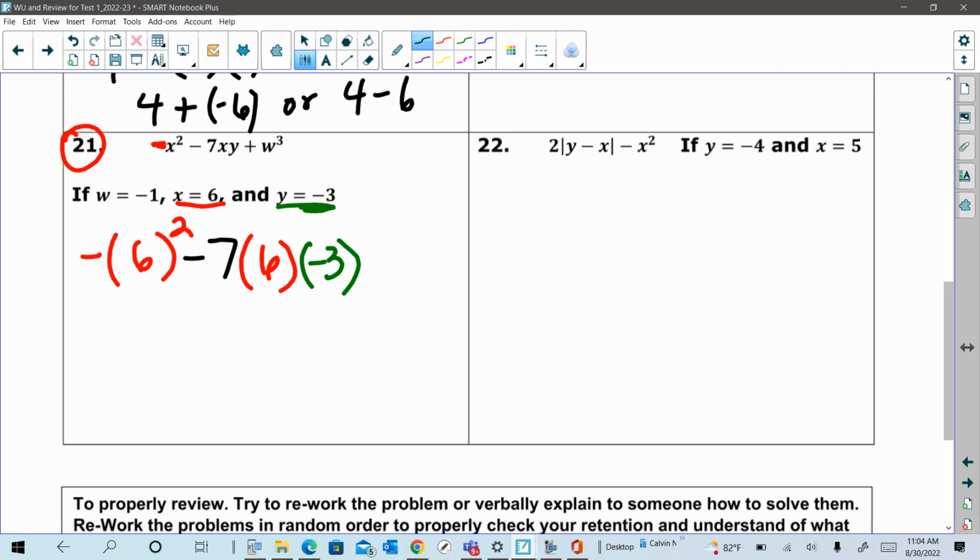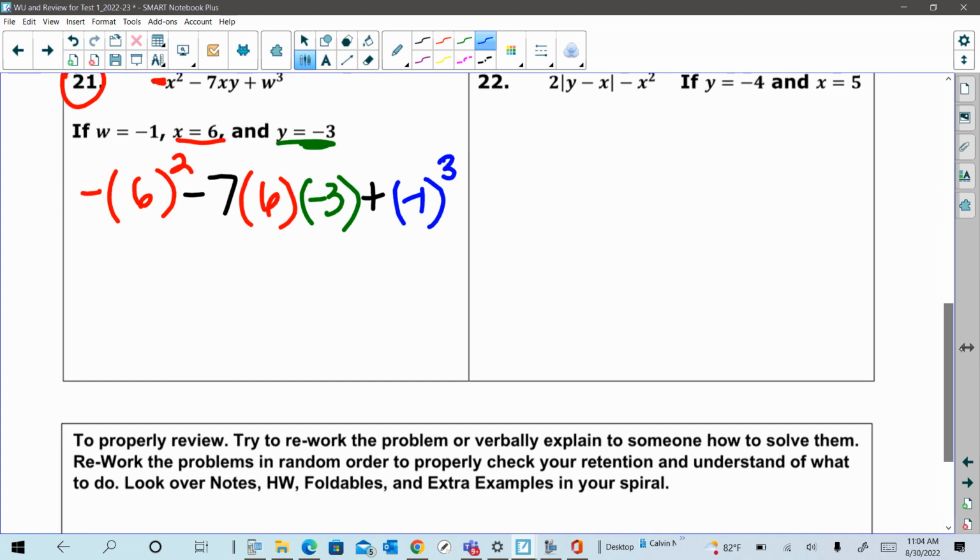And then plus w cubed, which was -1 cubed. So when you substitute, it should look like this.